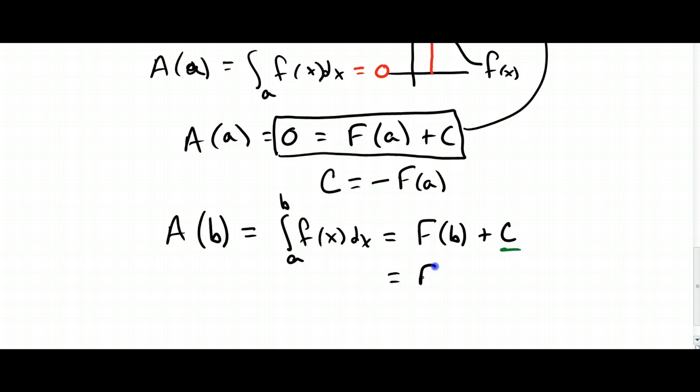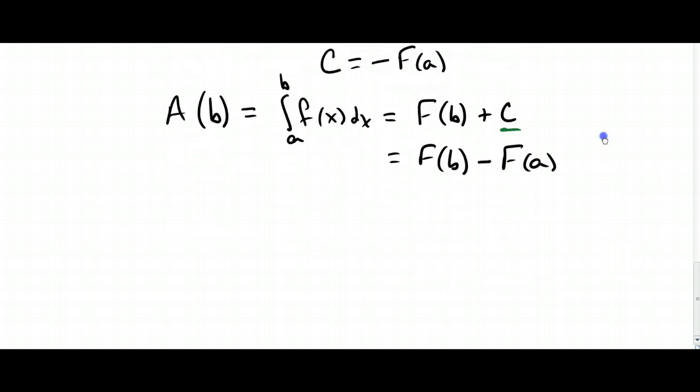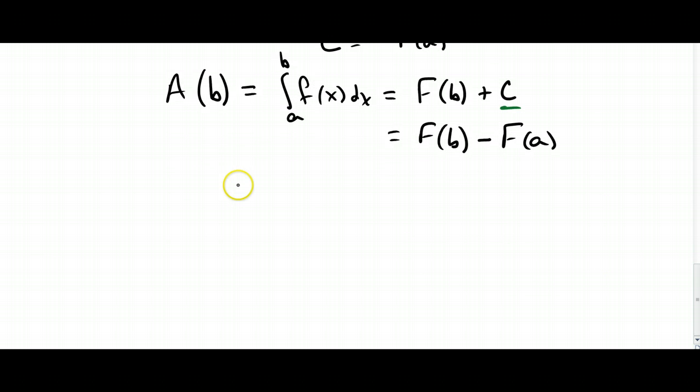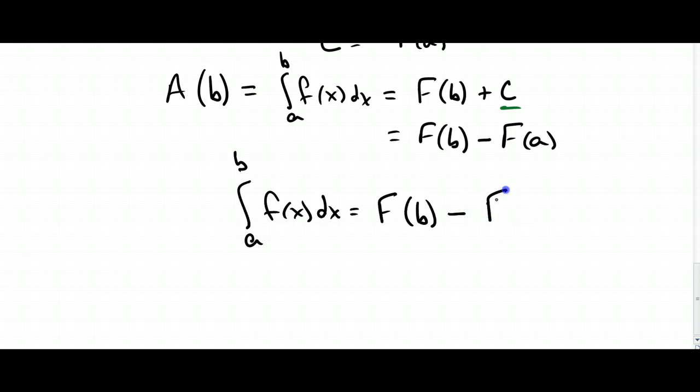C is the negative or the opposite of F of A. So what we've run into by plugging in, doing a little substitution, is that my integral from a to b of f of x dx is equal to the antiderivative of f evaluated at b minus the antiderivative of f at a. And that is the fundamental theorem of calculus.